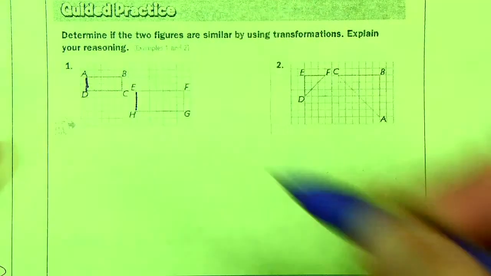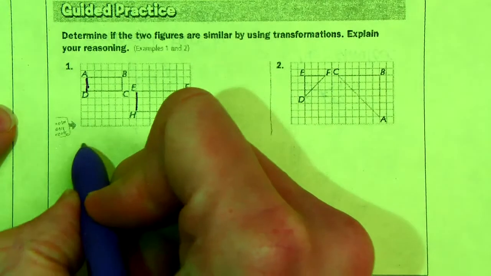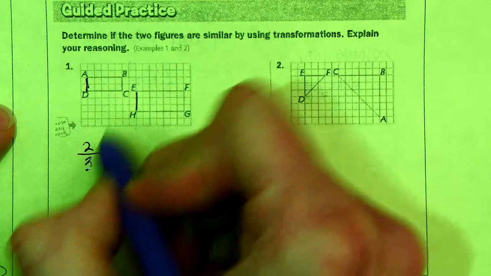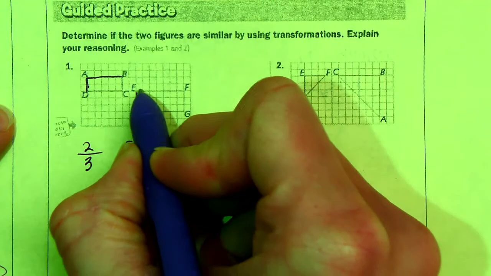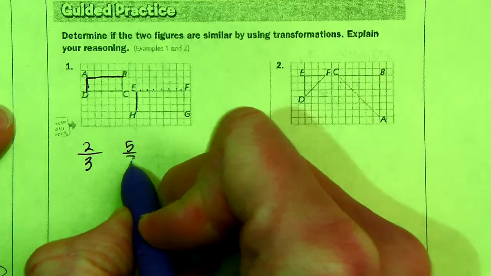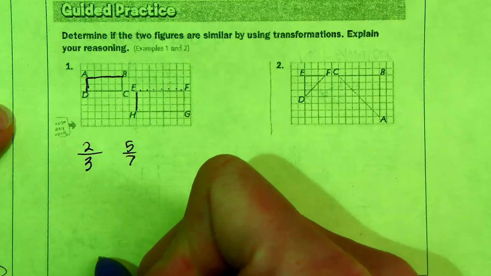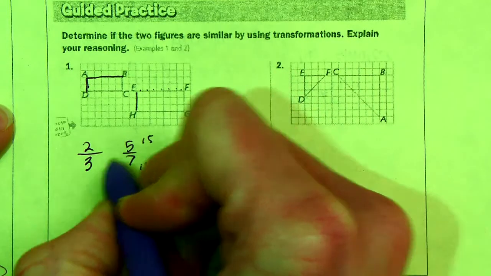So AD is 2 to 3, and then AB is 5 over 7. Will those be equal? Well, that's 15 and 14 when I do cross products, so they are not equal, so they are not similar.